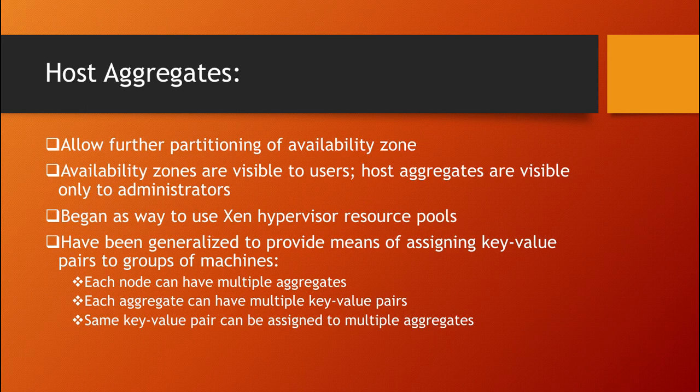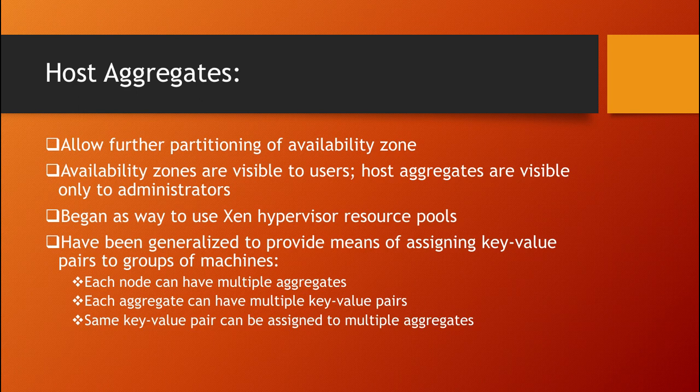So you already created an availability zone, so if you want to again segregate that availability zone, you can go ahead with the host aggregates. One more thing to remember here is the difference between availability zone and host aggregate: availability zones are visible to both admin users and normal users, but host aggregates are only visible to the cloud admins, not to the end users.